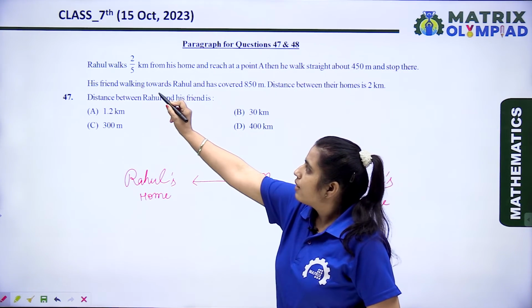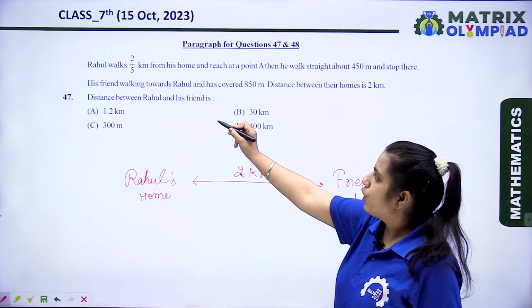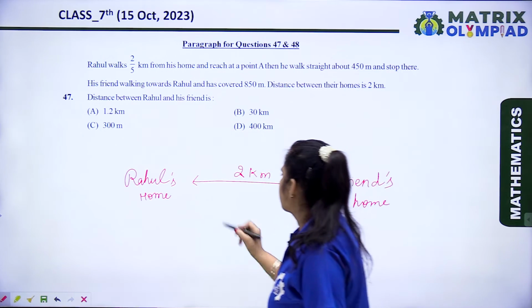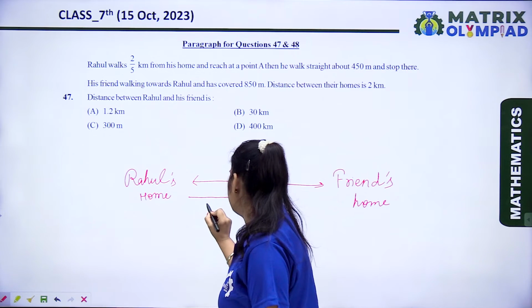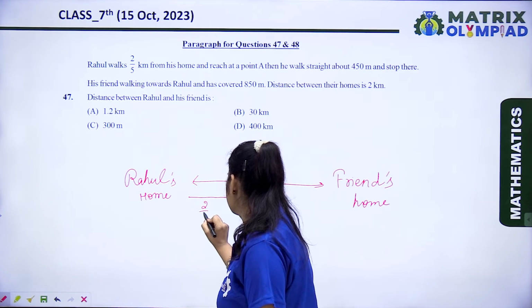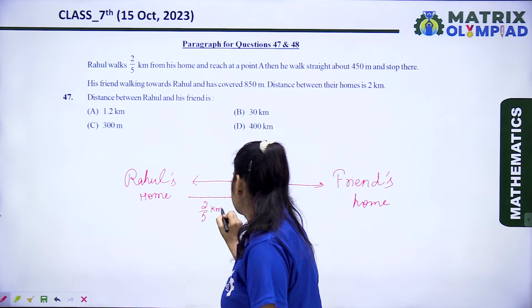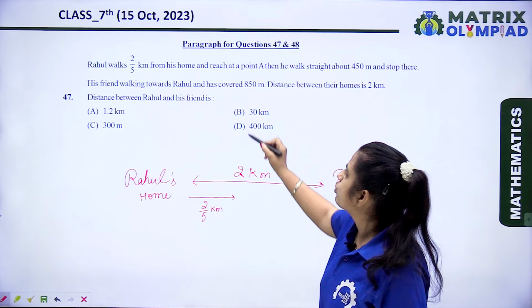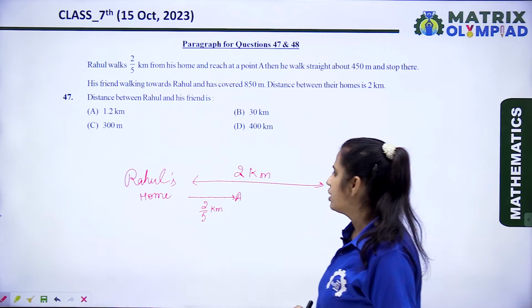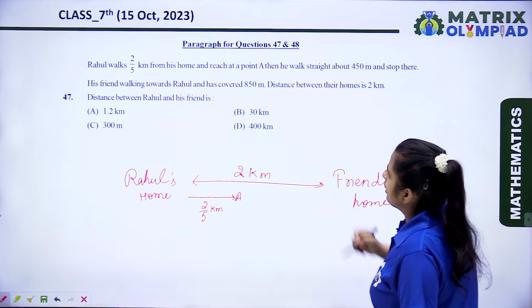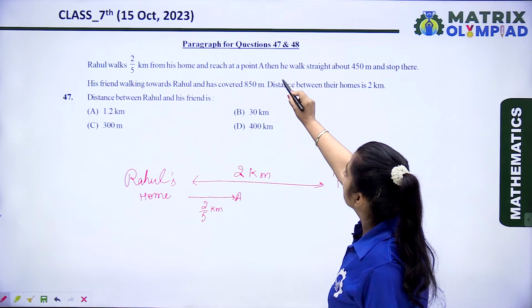Now Rahul walks 2/5 kilometer. So here he covers 2/5 kilometer from his home and reaches point A. After that, what does he do?